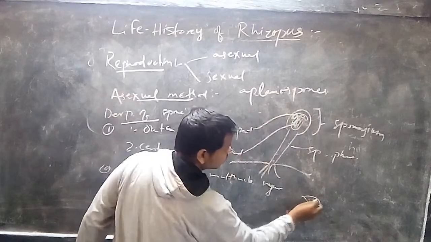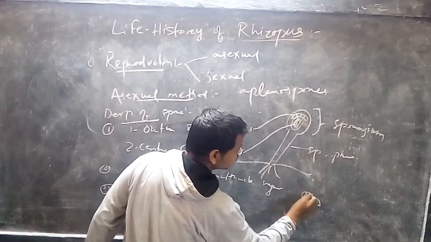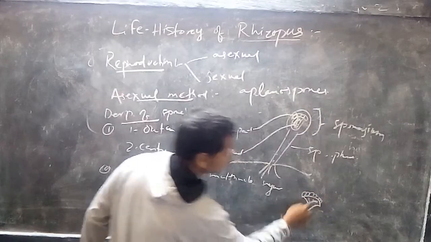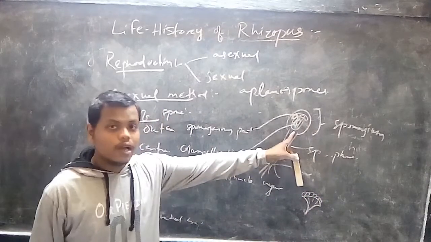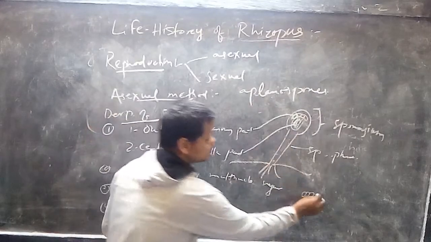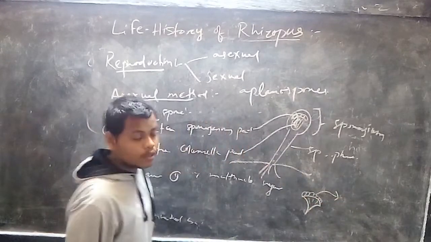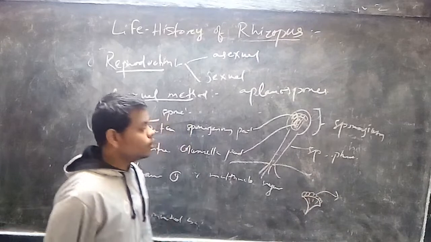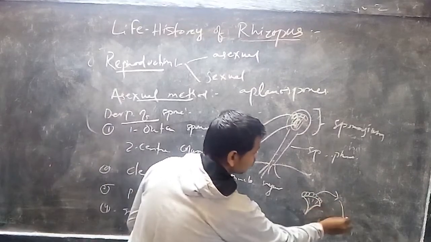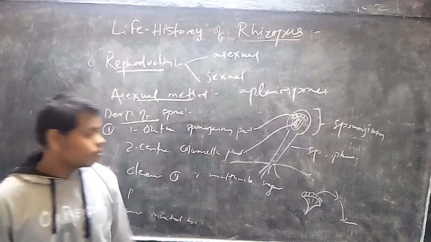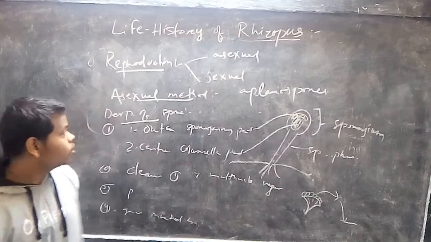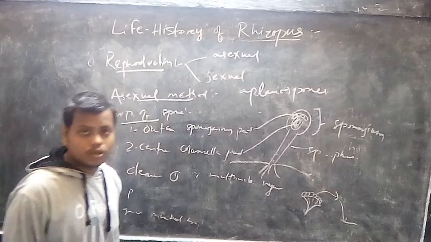Due to this inverted basin-like structure growth, the sporangium wall breaks, and these aplanospores are exposed to air, and dehiscence occurs. When these aplanospores, after dehiscence, fall on any substratum, they grow into a new thallus body. Okay, this is the asexual reproduction process.